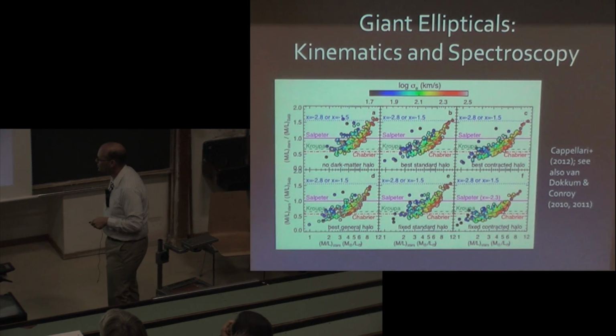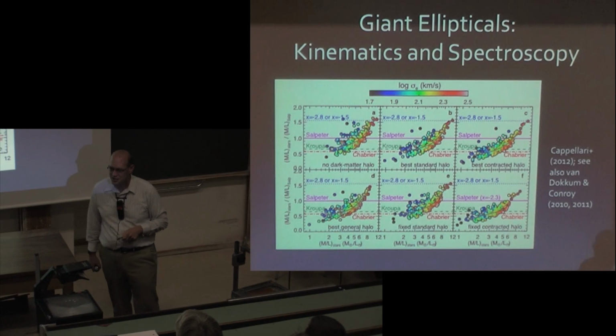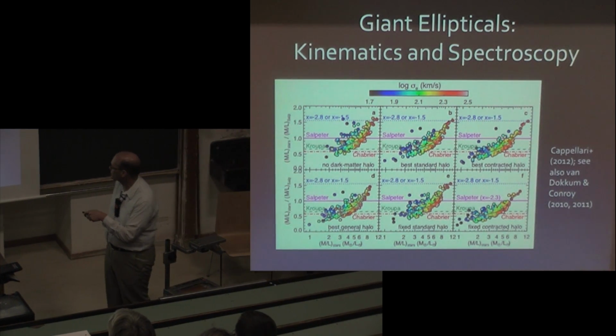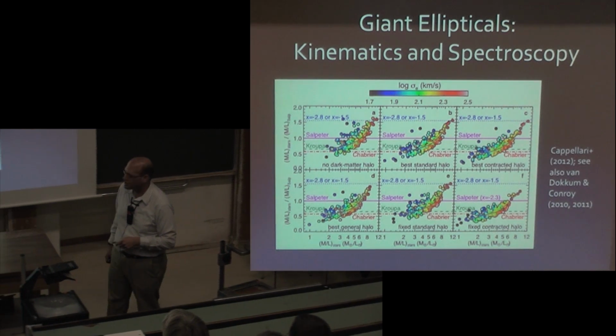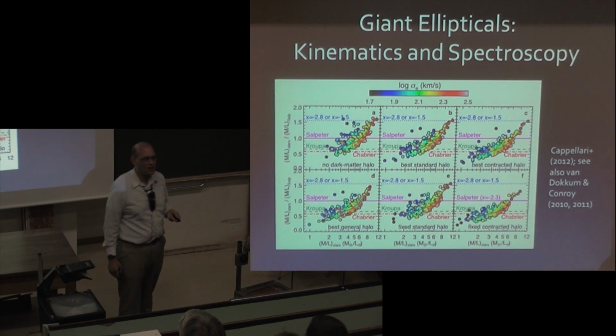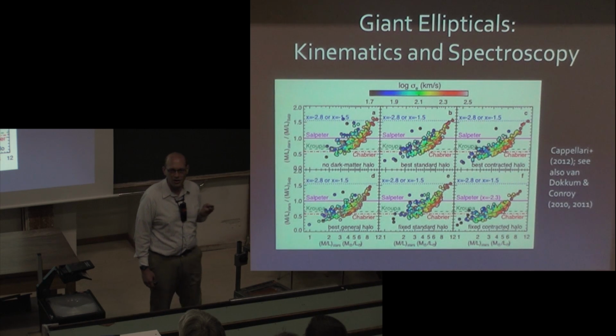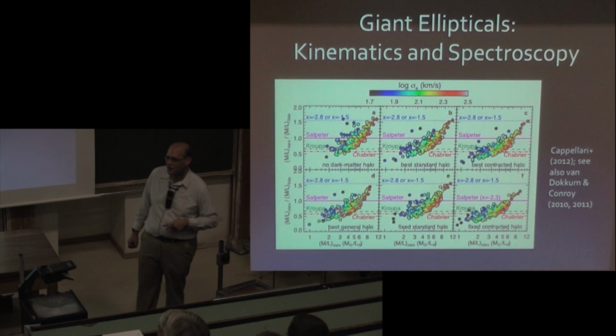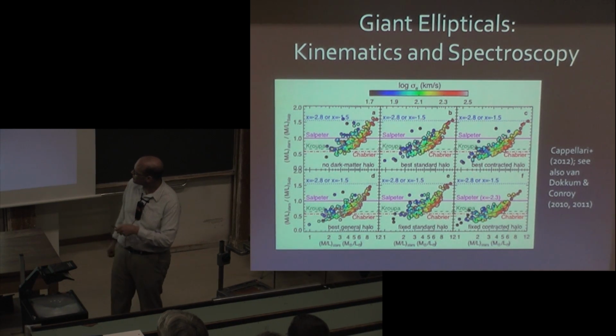All right, and that has to do with giant elliptical galaxies. There are two independent lines of evidence, and I've only put one of them up here for simplicity, which is the kinematics. From dynamical modeling of a giant elliptical, you can try and infer the mass to light ratio, and you can moreover try and separate the dark component from the luminous component.